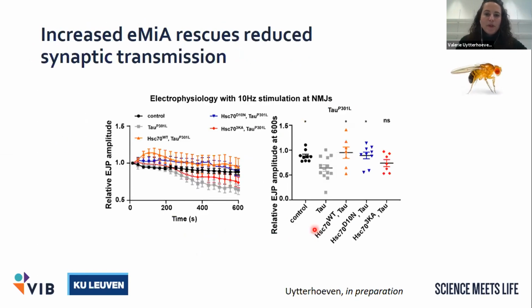And this rescue of synaptic vesicle mobility also has a positive effect on neurotransmission. So we can restore the reduced neurotransmission in these tau mutants when we express HSC70 wild type. We can restore the neurotransmission back to control levels, and also with the chaperone defective, but not with the endosomal microautophagy defective HSC70.